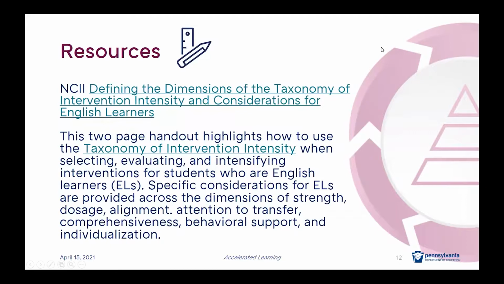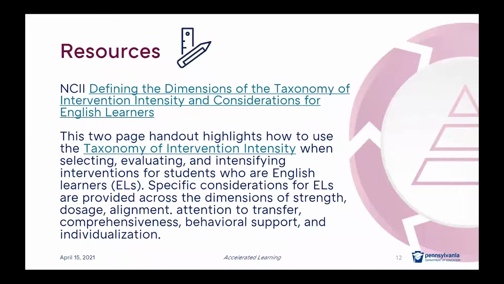The National Center on Intensive Intervention, for example, has a resource defining the dimensions of the taxonomy of intervention intensity and considerations for English learners, which provides a great resource on supporting English learners through strategic and intensive supports.